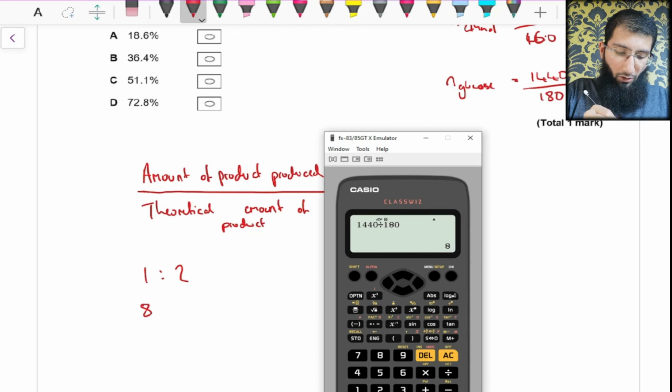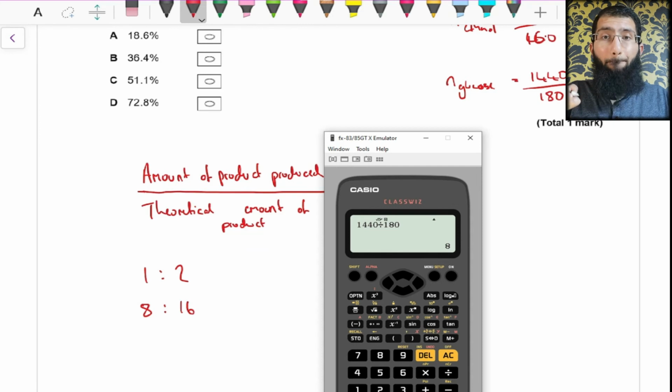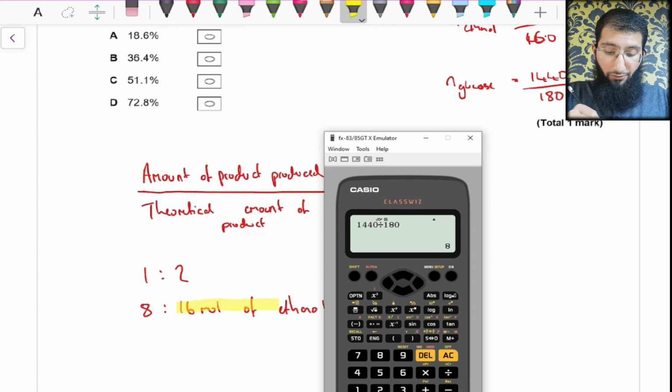We've got 8 moles of glucose to start off with, so theoretically we should have made a total of 16 moles of ethanol. So I've now got my theoretical amount, and that's 16 moles.